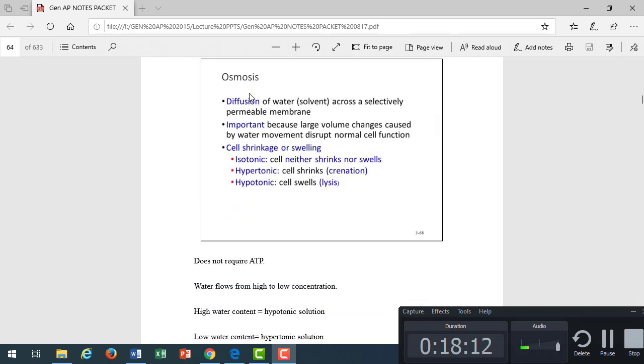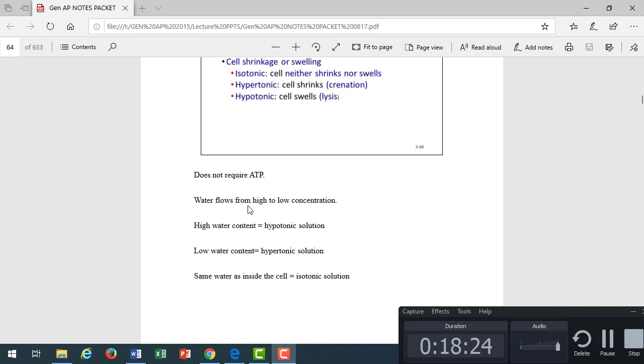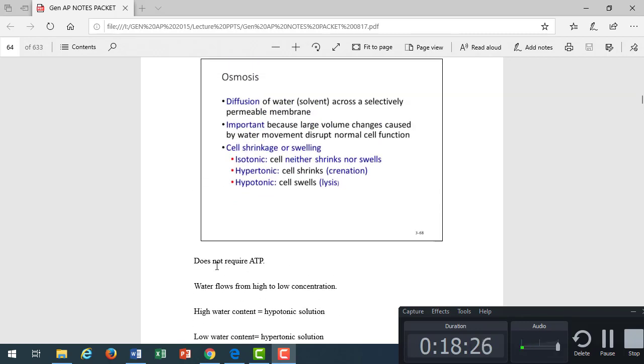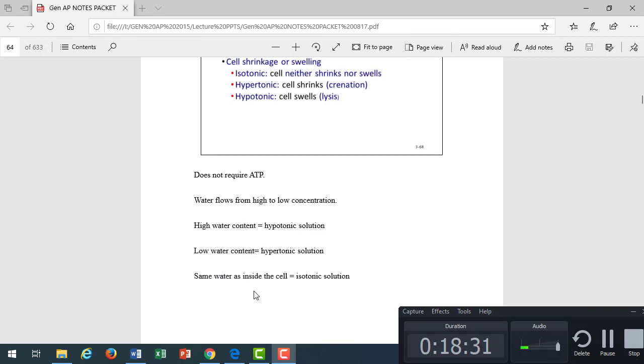All right, so osmosis, like I said, is diffusion of water through a membrane. So there's 3 different types of solutions that osmosis can create depending on the direction. It does not require ATP, and water always flows from high water concentration to low water concentration. So if a solution is hypotonic, it means it's very dilute.